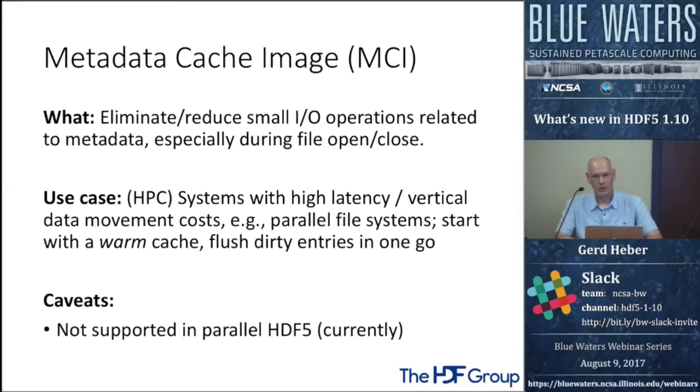So there are API calls in the 1.10 API of the HDF5 library where you can instruct the HDF5 library to look for the presence of such a metadata cache image in your HDF5 file, or, let's assume you are starting out with a new file or a file that didn't include any metadata cache images yet, you can instruct the library that on file close, you would like to append such a metadata cache image, so that in the next step of your processing, or when you come back to add additional data to that file, that metadata cache image will be discovered and used to pre-populate the cache.